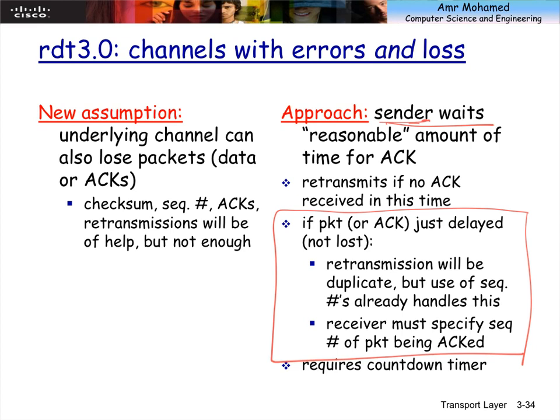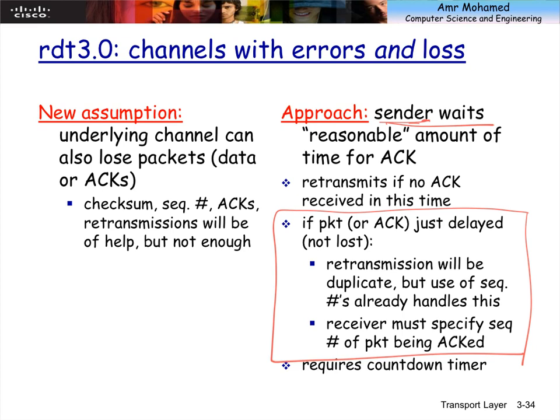We'll see this on the timeline. In this case the retransmission will be considered by the receiver a duplicate packet. But we know how to deal with duplicate packets. How? Sequence numbers. So we can deal with that, and this issue is solved.